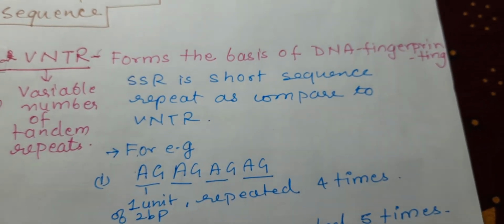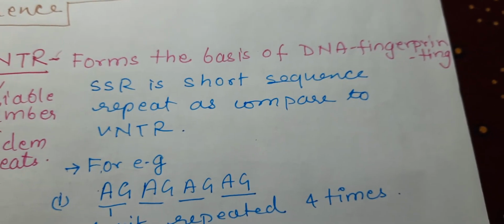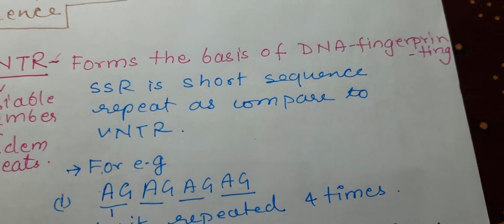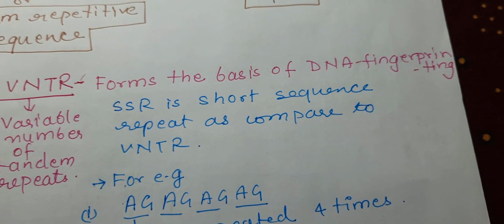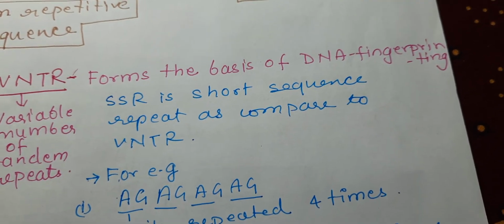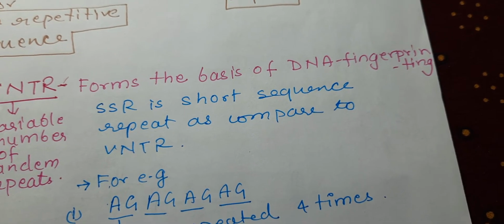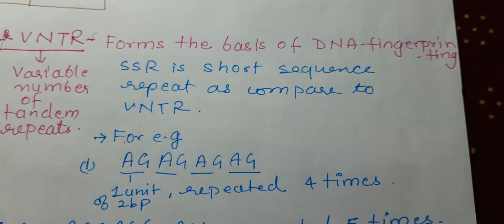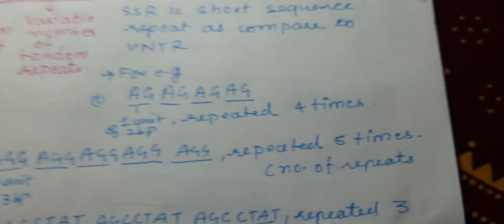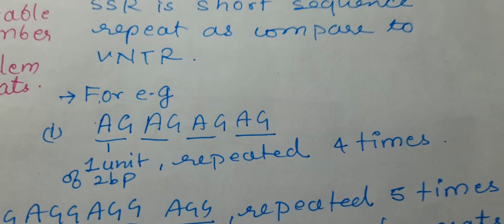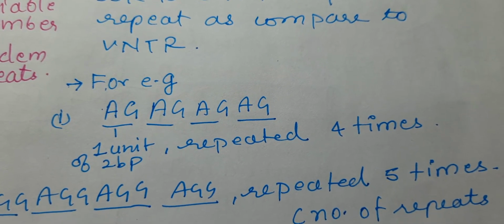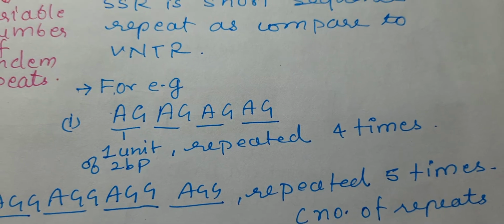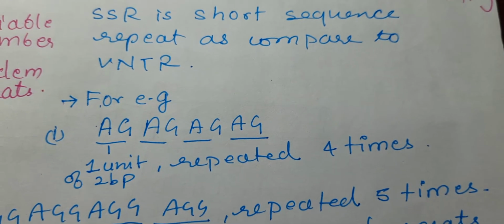And the basic difference is the short simple repeats or short tandem repeats is short repeat as compared to VNTR. Okay, for example, if you see over here, to understand the repeat AG, AG, AG, AG. So AG forms one unit of two base pair and it is repeated 4 times.